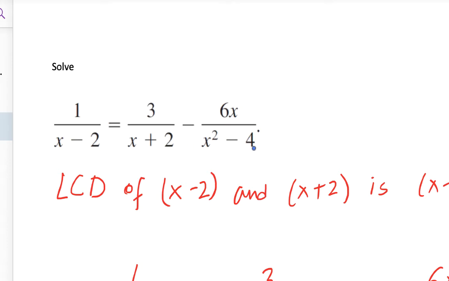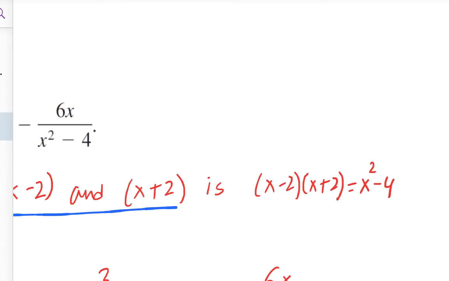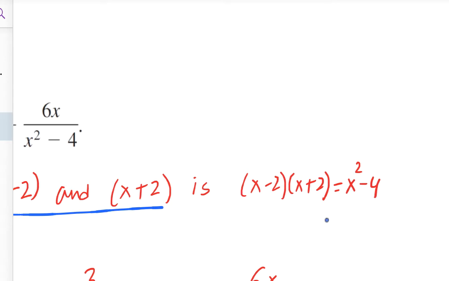So notice x squared, so we need to look at the least common denominator of x minus 2 and x plus 2, which is x squared minus 4. Remember, this is like (a minus b) times (a plus b) equals a squared minus b squared.